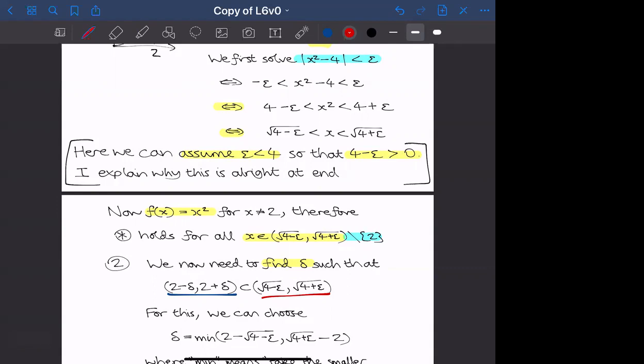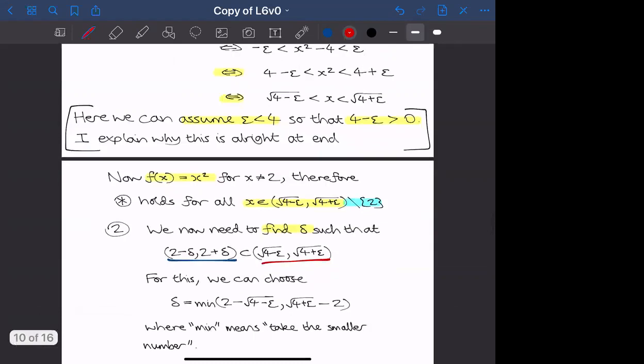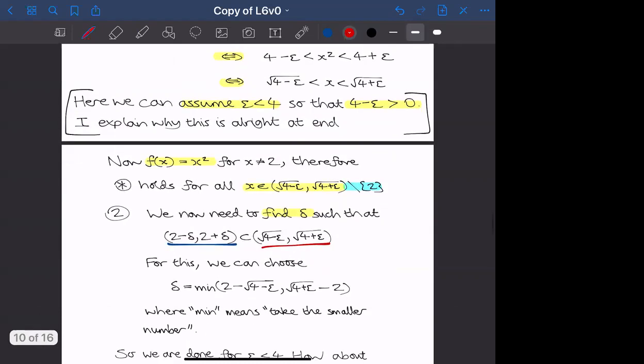So what can we take in this case? We can take the minimum of 2 minus square root of 4 minus epsilon and square root of 4 plus epsilon minus 2.